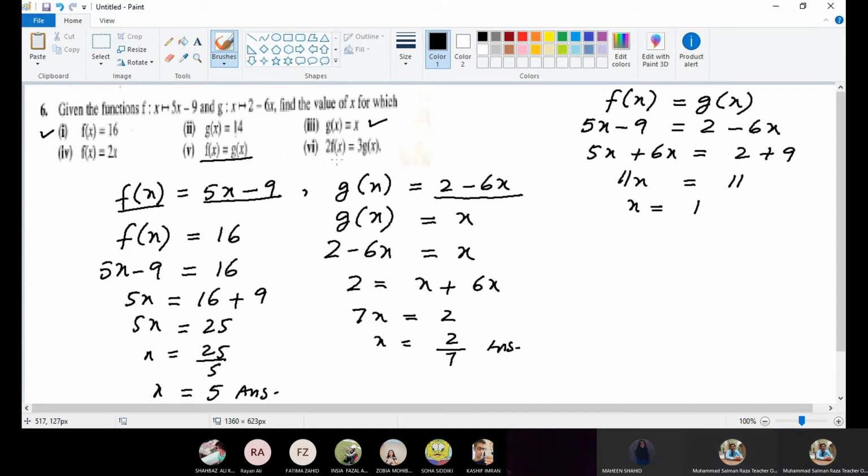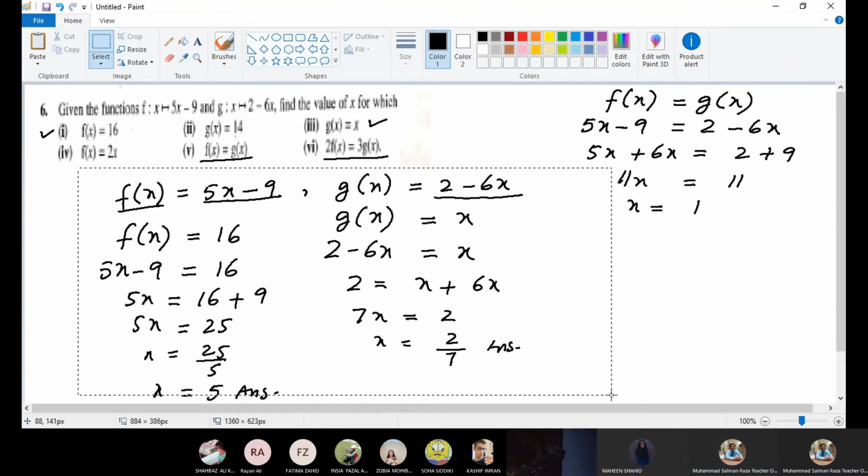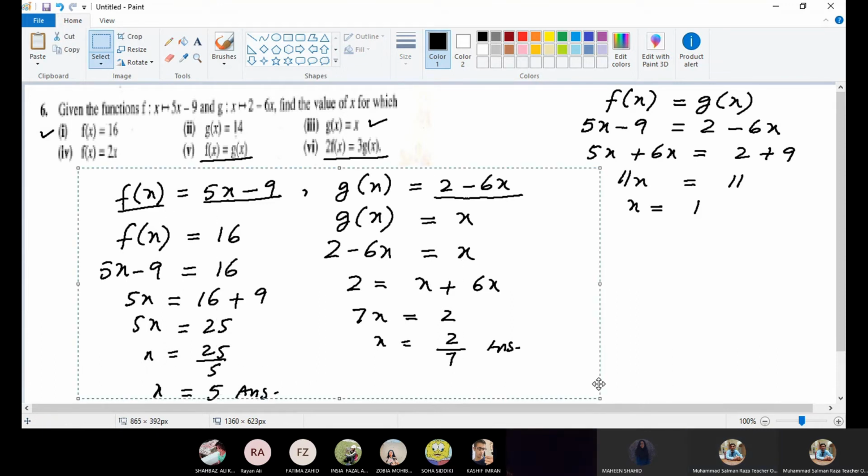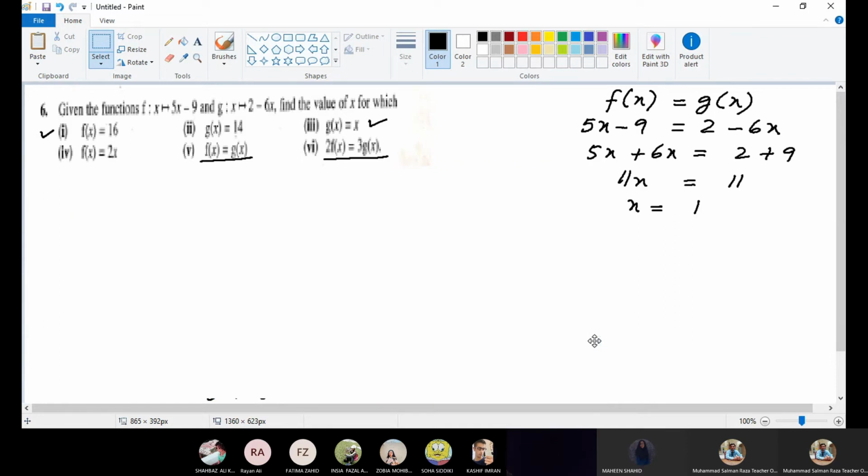Now, if questions like this happen, how are we going to solve such questions? That is quite easy for us to solve. The question is 2 f of x is equal to 3 g of x.